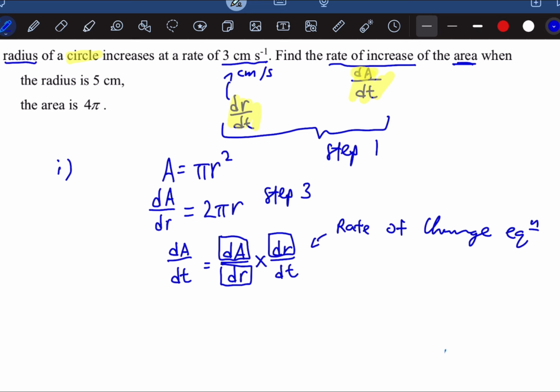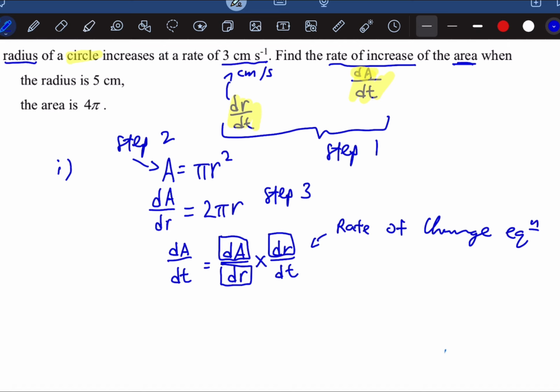So where is step 2? This is step 2, which is write down the formula to link the 2 variables. Then our step 4, they say substitute the value of the given variables into the expression in step 3.